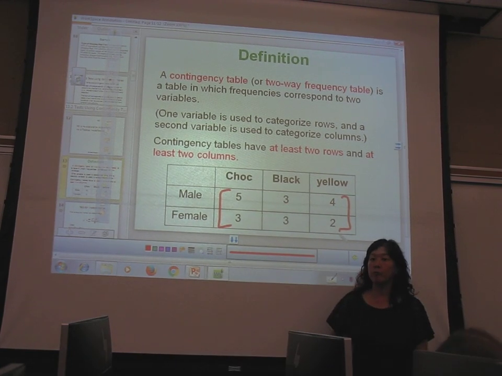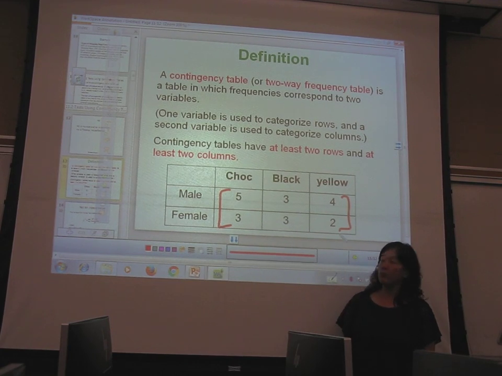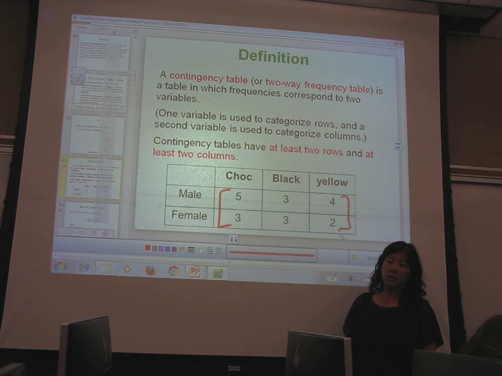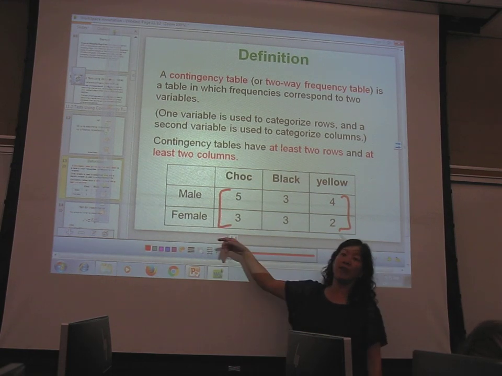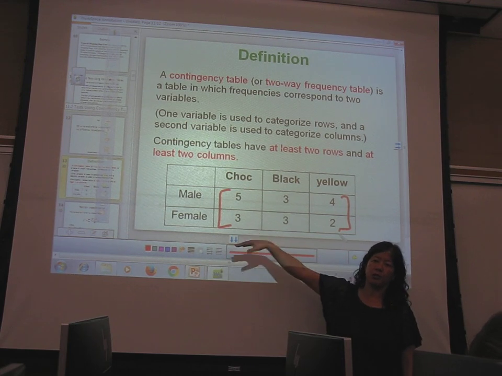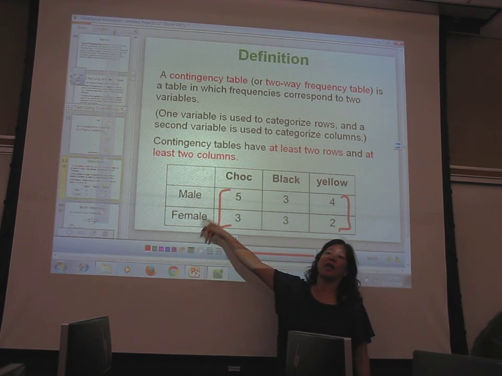Everybody on board with that? That's how we know it should be a matrix. But you gotta pay attention, because if we called this observed and expected and gave you both, don't automatically assume it's a matrix just because there's stuff there. See that those are categories.